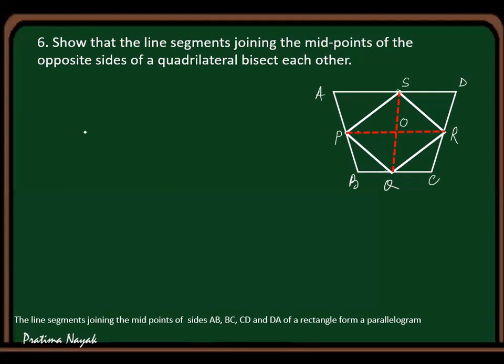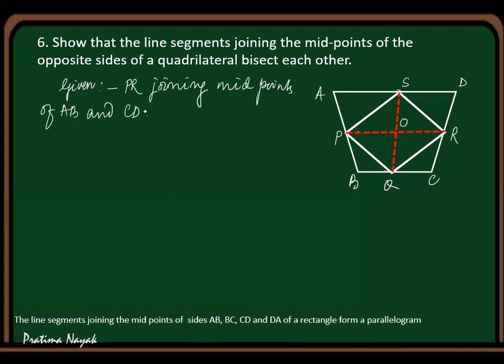Okay, so you can pause the video and draw the diagram. What is given? Given is PR joining midpoints of AB and CD. These are the opposite sides joining the midpoints.